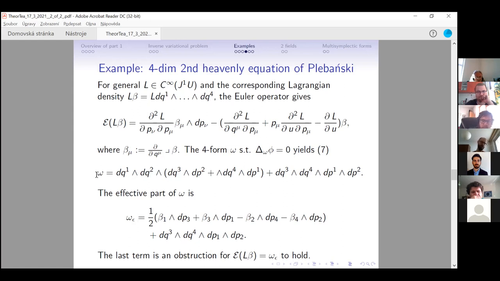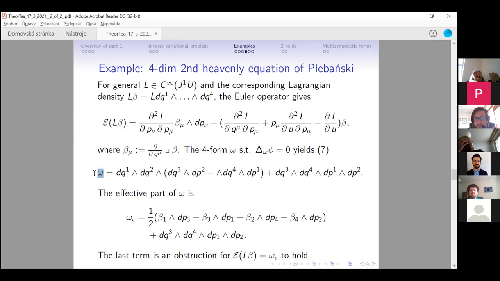No, it could not, because all the omegas that represent the same equation differ, so in order for a different omega to also determine the same equation, I can compute the effective part again, and those two effective parts must differ by a scalar multiple. You see?